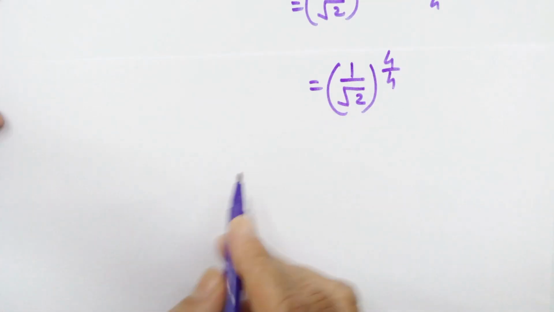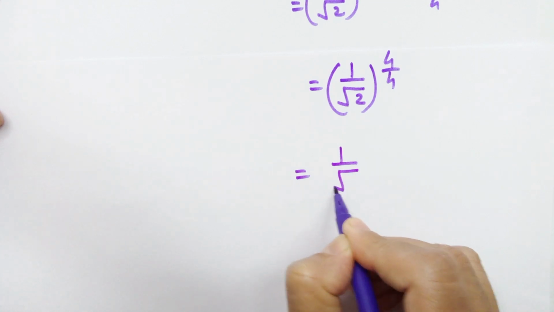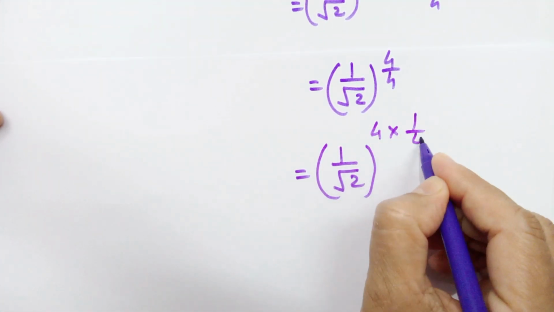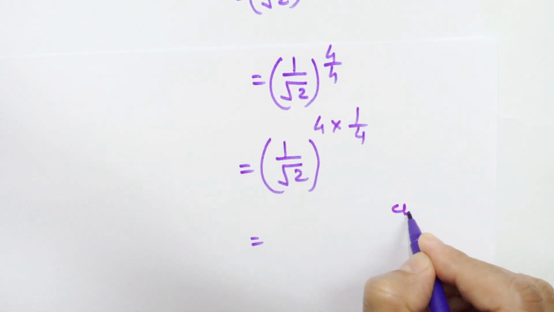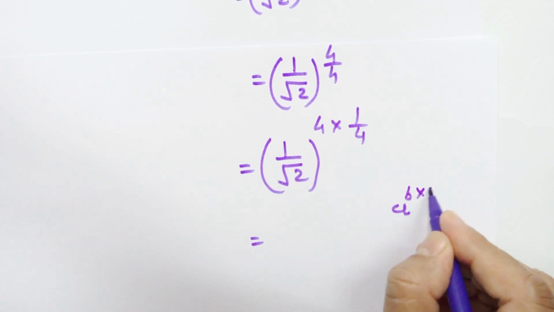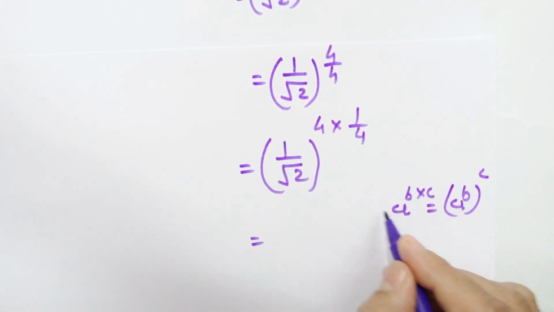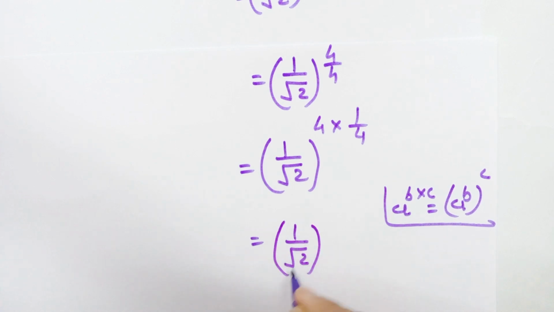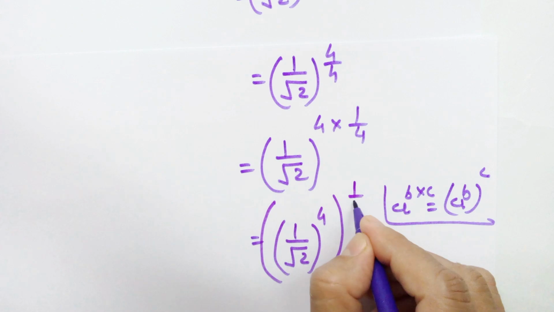Now we can write like this, 1 upon under root 2 whole raised to 4 into 1 upon 4. Now we all know if we have a raised to b into c, then we can write a raised to b whole raised to c. And by using this rule, we can write 1 upon under root 2 whole raised to 4 whole raised to 1 upon 4.